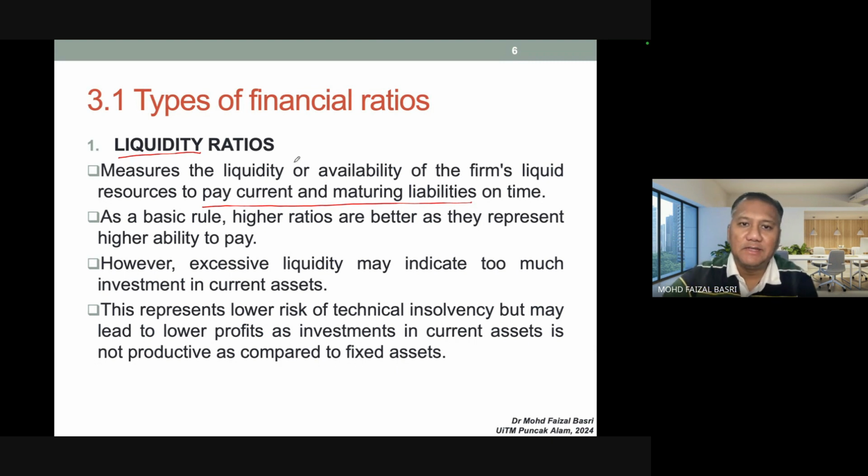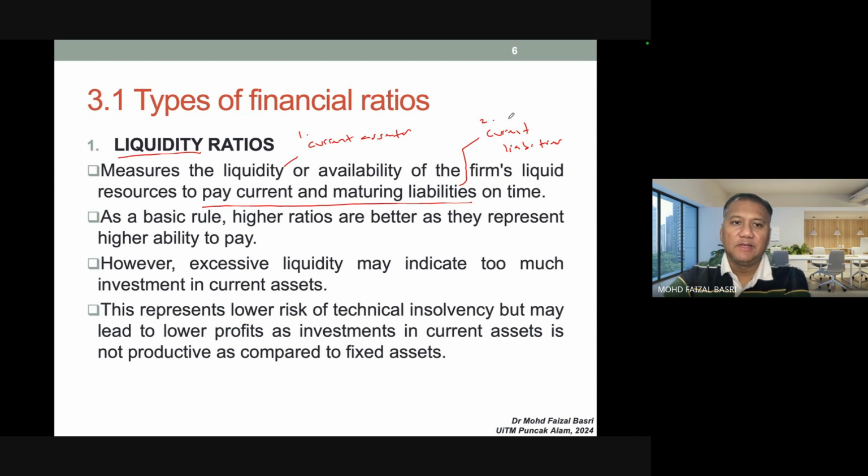Kalau remember, liquid assets here referring to current assets. And whether these current assets have enough in order to pay the current and maturing liabilities. So this one is technically the current liabilities. Okay, so dalam liquidity ratios memang akan gunakan number 1, current assets, and number 2, current liabilities sahaja.